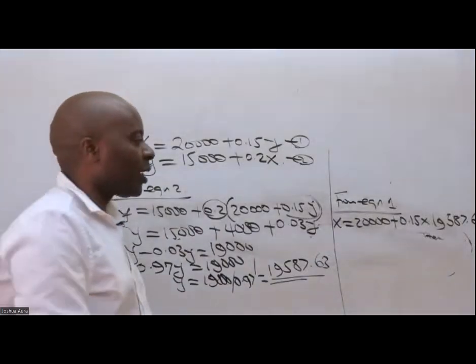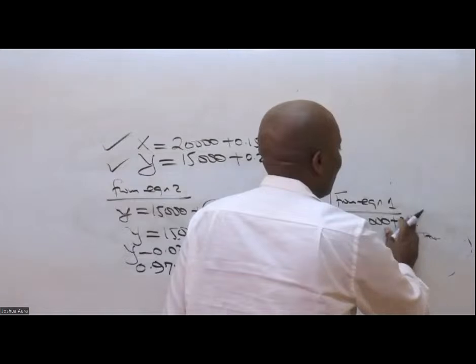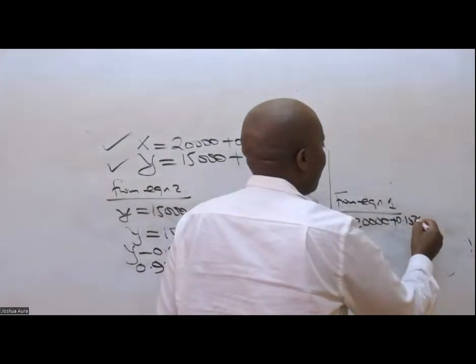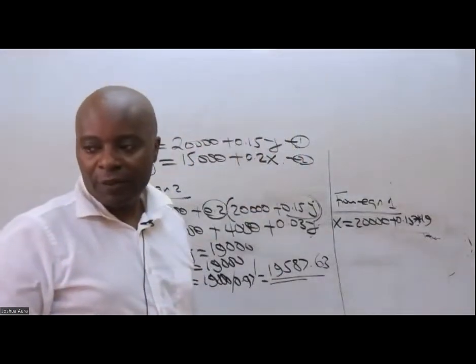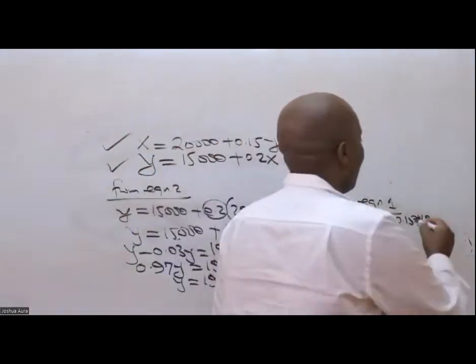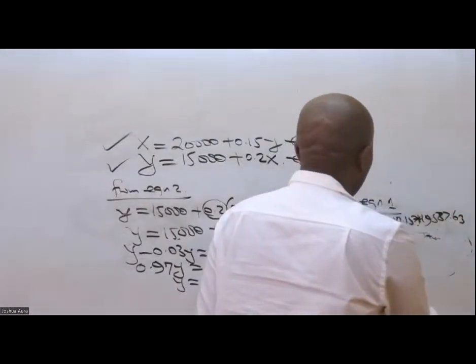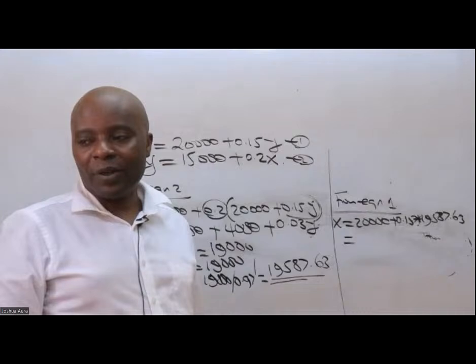So then could you kindly come and give me the final answer? So plus 0.15 times 19,587.63. Kindly give me the final answer.